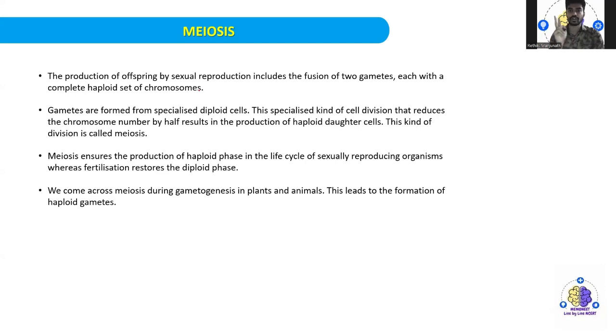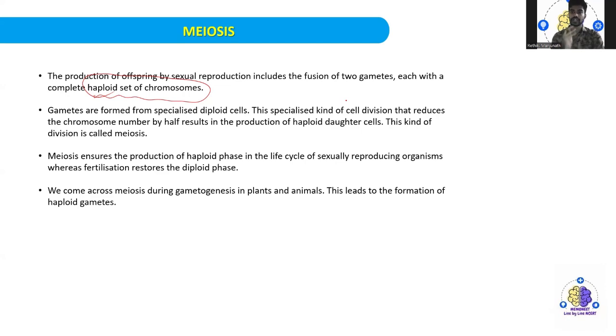So, fusion of two gametes, each with a complete haploid set of chromosomes, where those gametes are formed from a specialized diploid cell. This is a specialized kind of cell division that reduces the chromosome number.